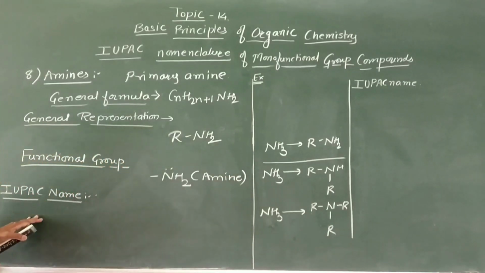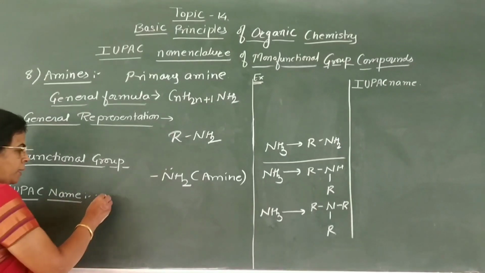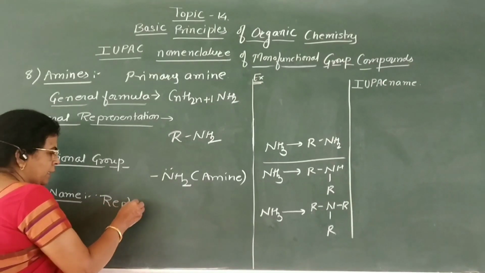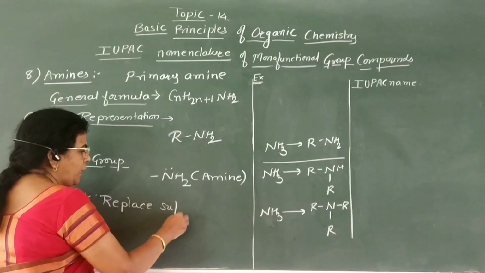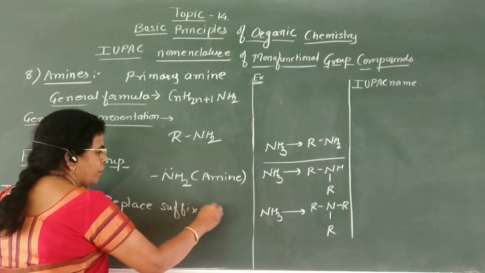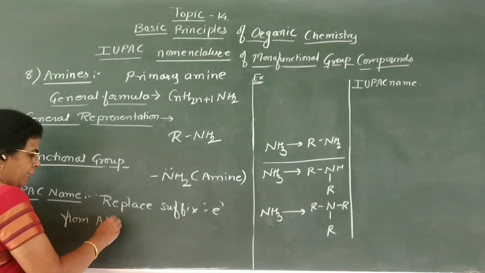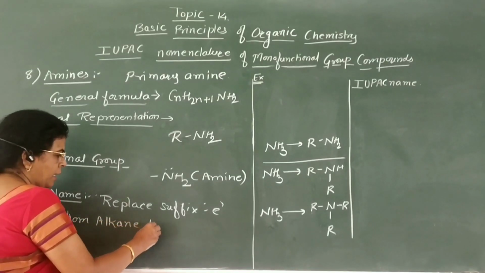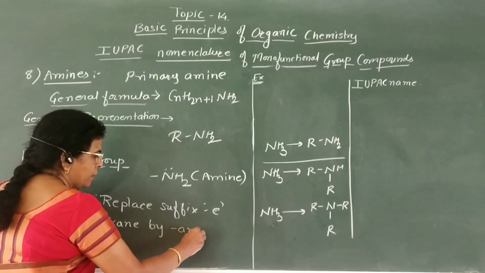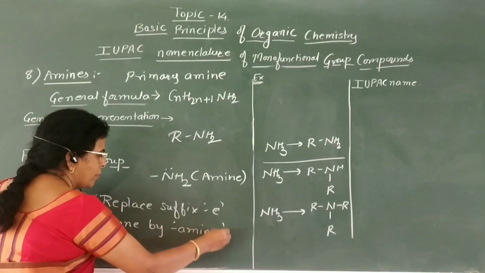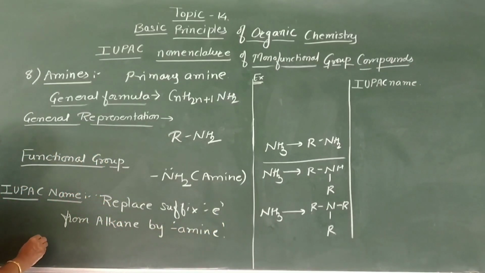Now we are going to see the IUPAC name for these amines. Here replace the suffix E from alkane by amine. For example, we are going to see the general name of this RNH2.